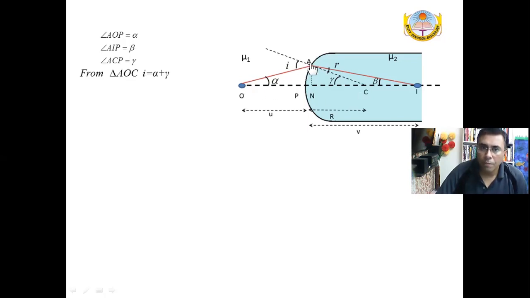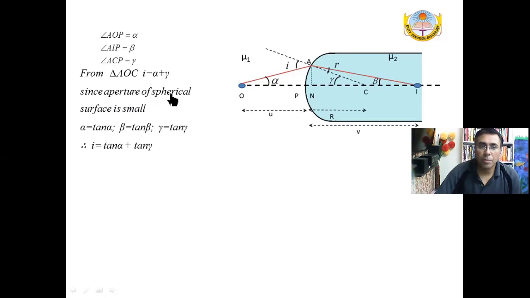Here, i is the exterior angle, and alpha and gamma are the interior opposite angles. So if I use the property that the exterior angle equals the sum of the opposite interior angles, I can write i in terms of alpha and gamma as i equals alpha plus gamma.